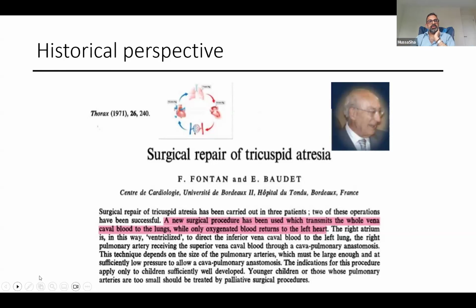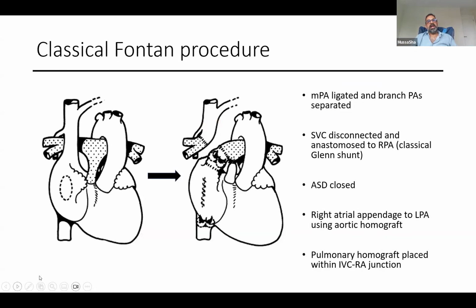And the initial classical operation, as he described it and conceived it, was this. So the situation was that you had tricuspid atresia. So hopefully you can see my cursor, okay? And so there was an inadequate right ventricle and inadequate pulmonary blood flow.